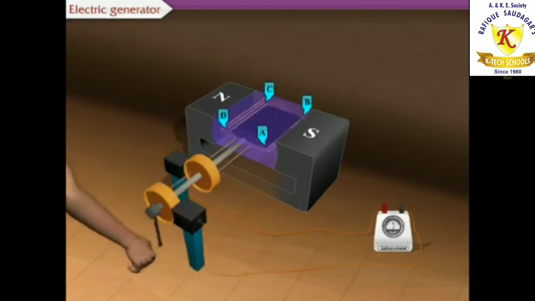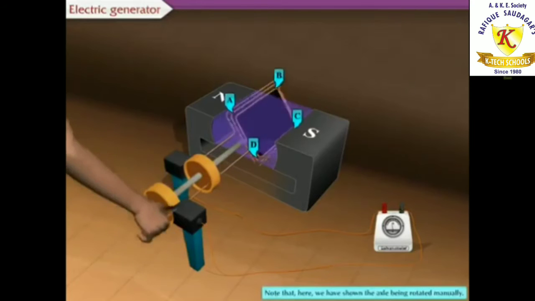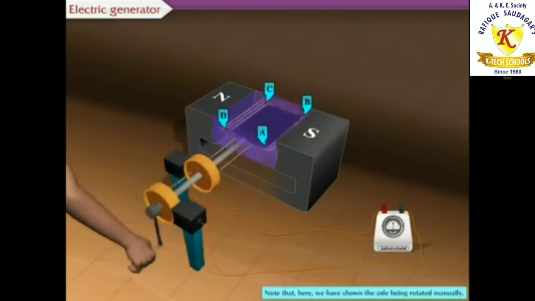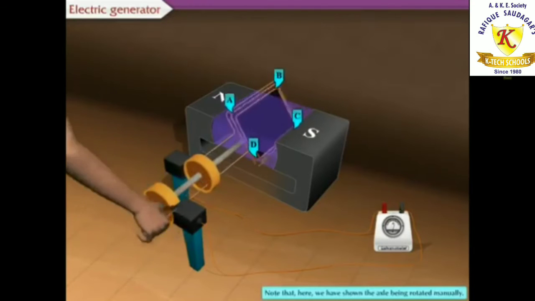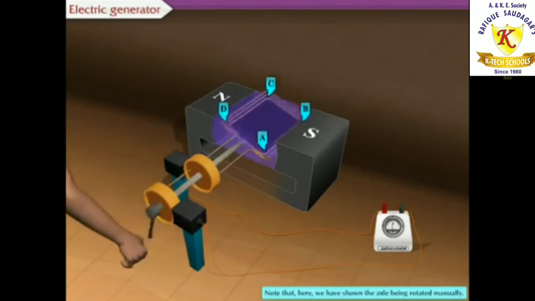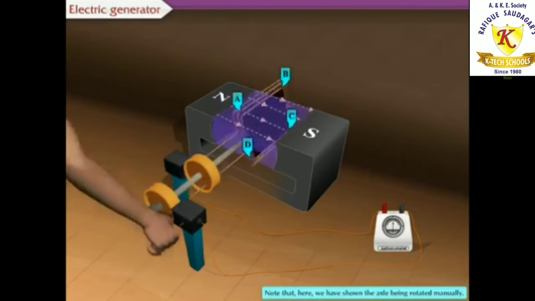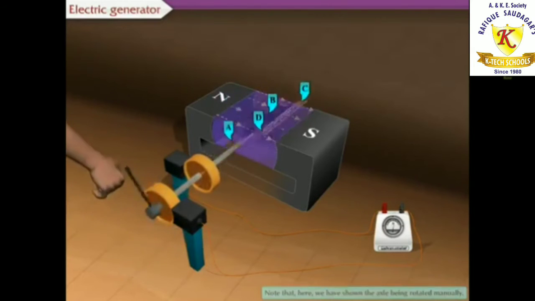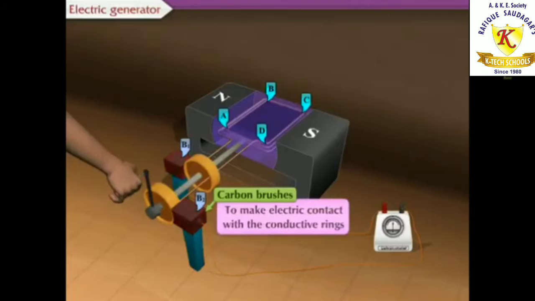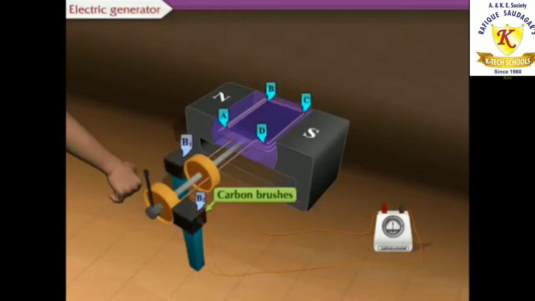When the axle is rotated, note that here we have mentioned the axle to be rotated manually. Then the coil ABCD starts rotating in the magnetic field. Two stationary carbon brushes B1 and B2 are used to make electric contact with the conducting rings.